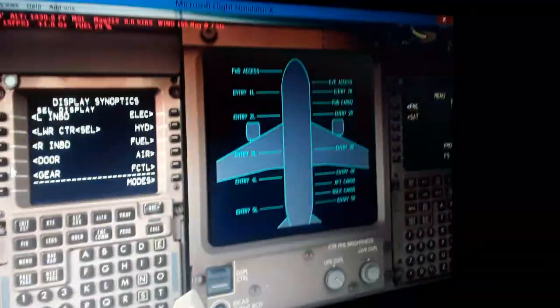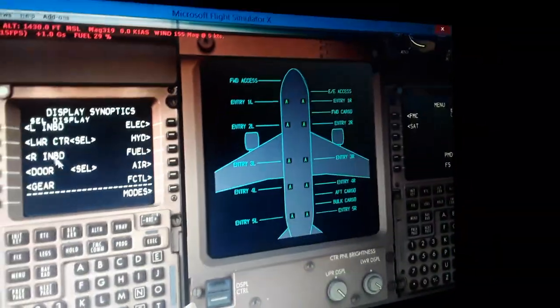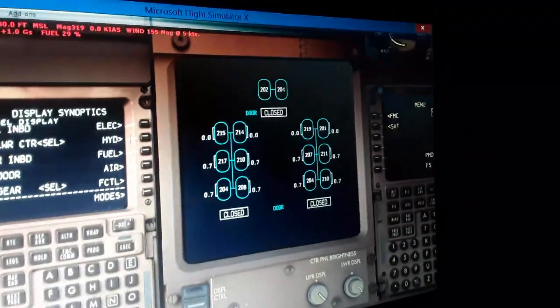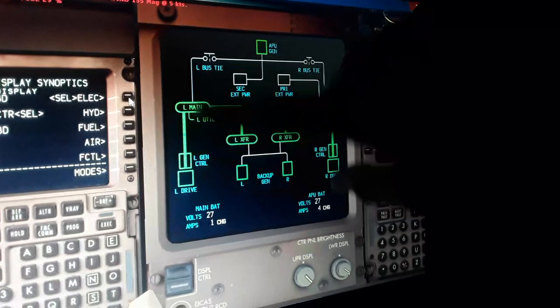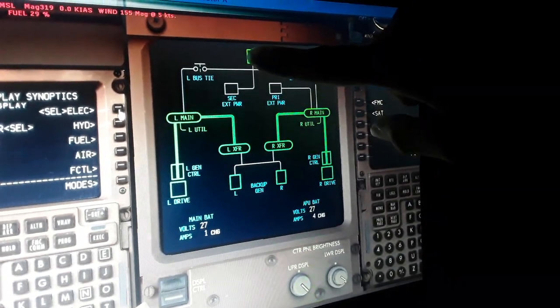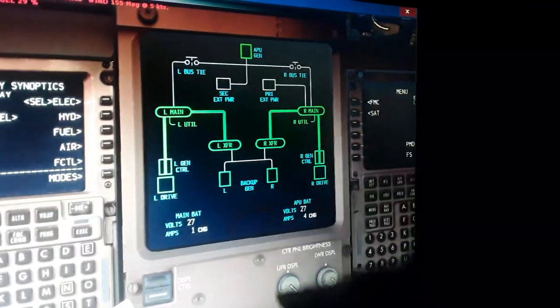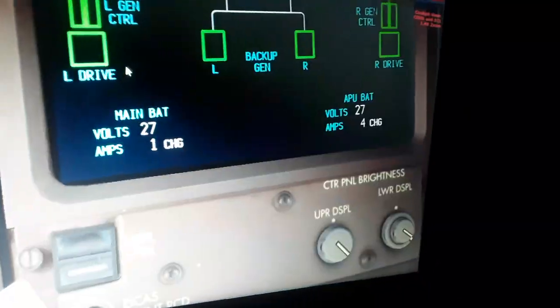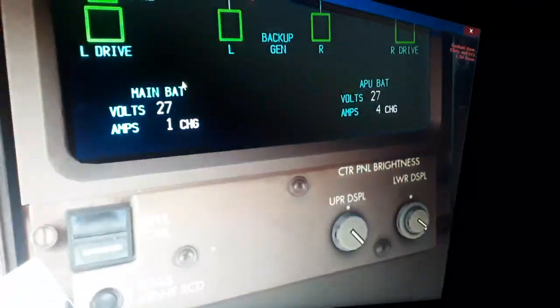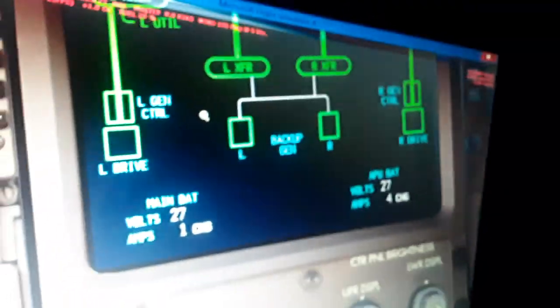You can see the doors are closed and the cabin can be pressurized. You can see the landing gear, the temperature of the brakes and the pressure of the tires. The left and the right engine IDG, the grid generators, backup generator, and also the APU is running, the main battery voltage. So this is the electrical outflow chart of the aircraft.